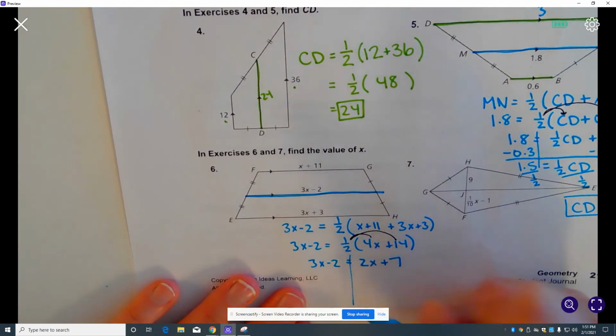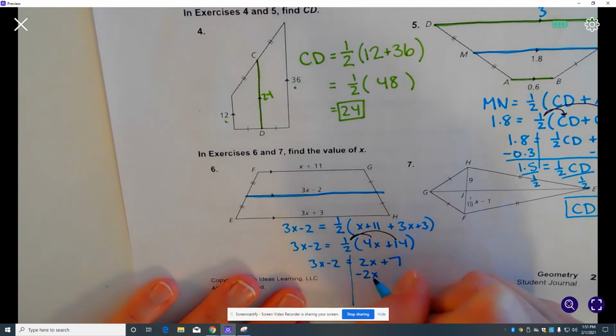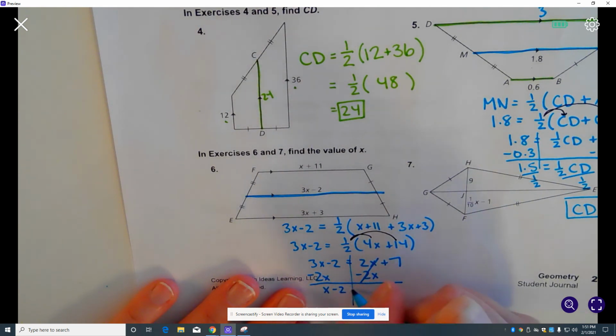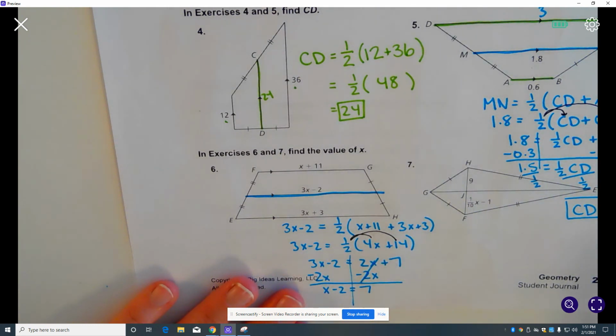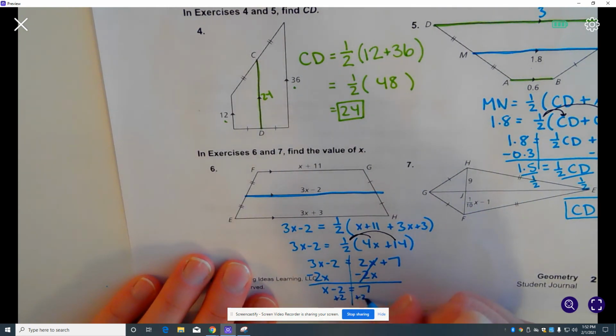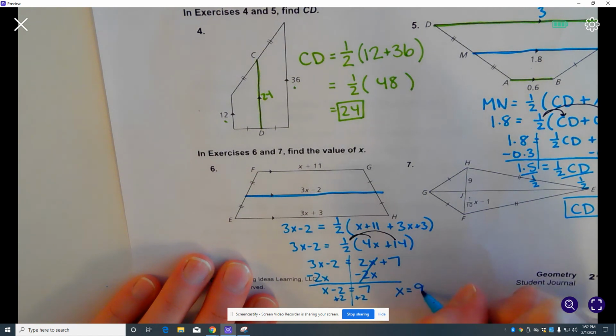I notice I have x's on both sides. I need to move all my x's to one side. And then add 2 to both sides. When I do that, I see that x is equal to 9.